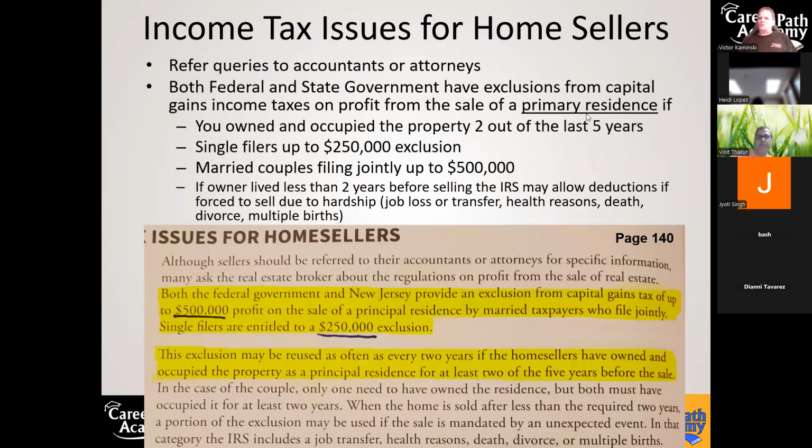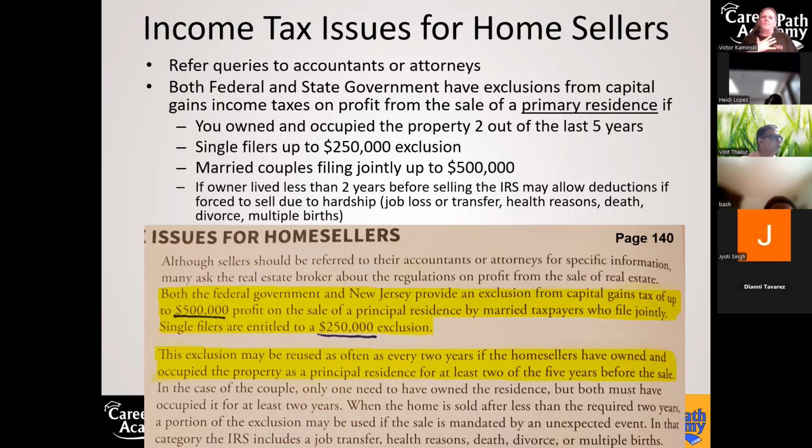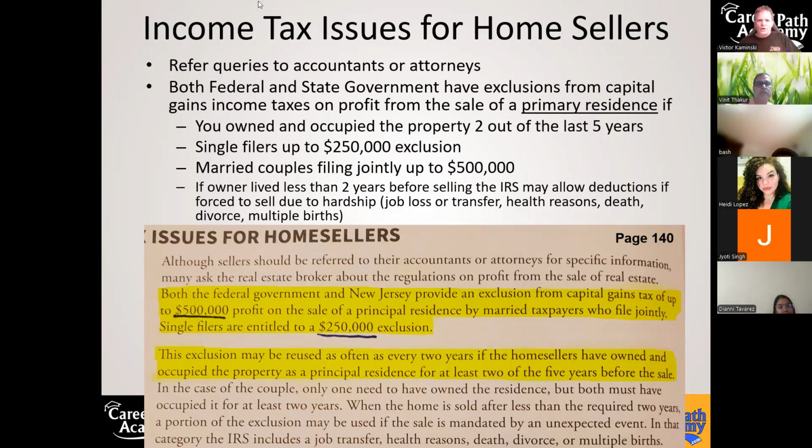Income tax issues for home sellers. So we're not tax experts. We should not be giving people tax advice, but sometimes there's some information that we can give to our clients. So we should often refer queries to accountants or attorneys when they're seeking expert advice.